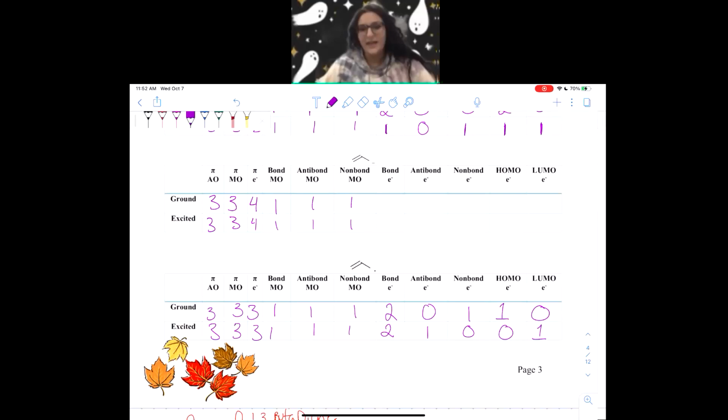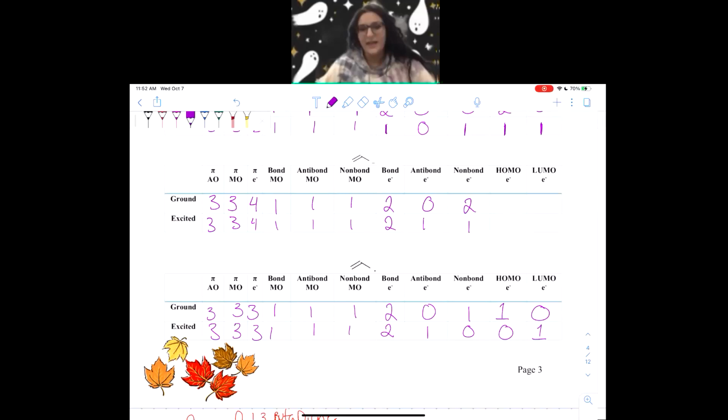Cool. So as you guys said, there are 2, 0, and 2 because the antibonding is empty and the other 2 are full. So what about in the excited state? Cool, exactly. So 2, 1, 1, because one of the electrons jumped up to the antibonding orbital.